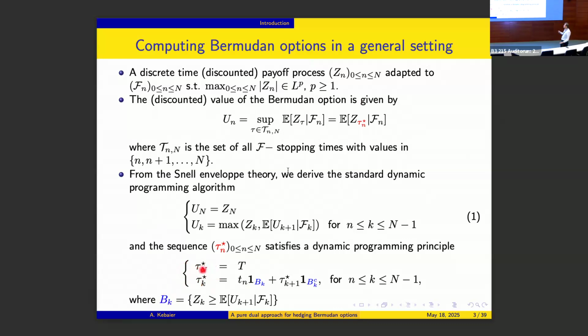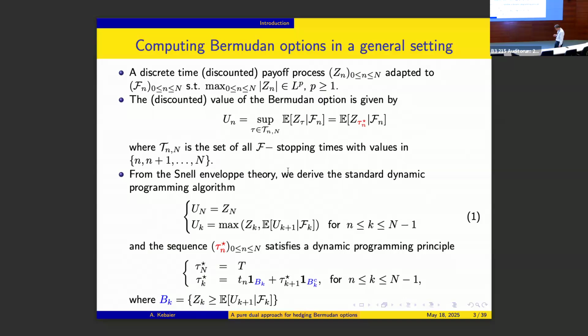You start by default with the final one, which is equal to maturity, and then you update it whenever the payoff is larger than the conditional expectation or not. If it is larger, then you update it to tk, otherwise you keep the previous one. So this is the setting.